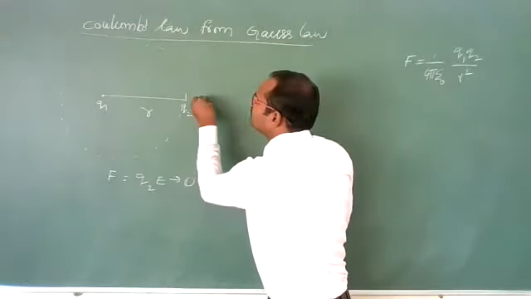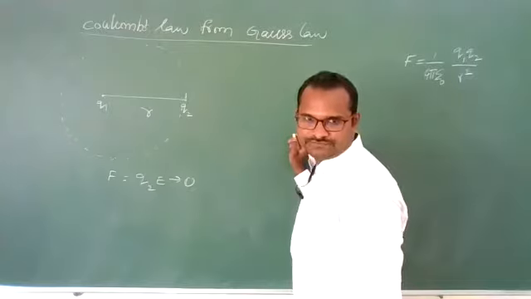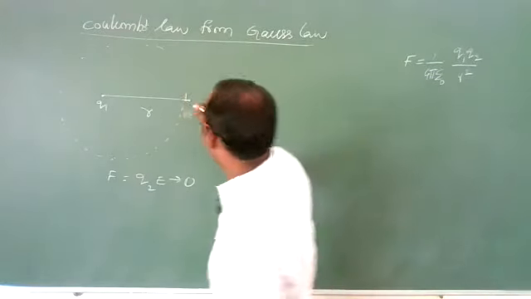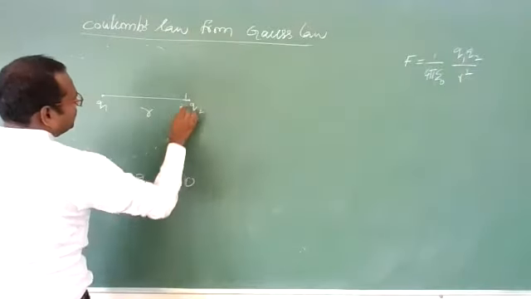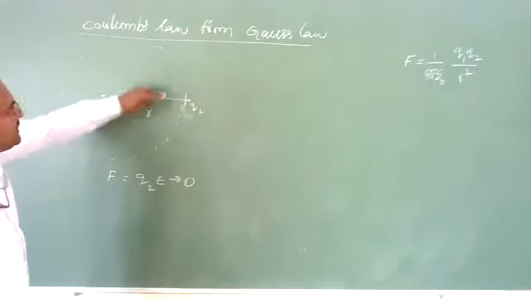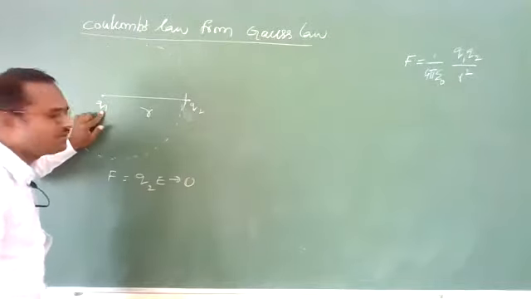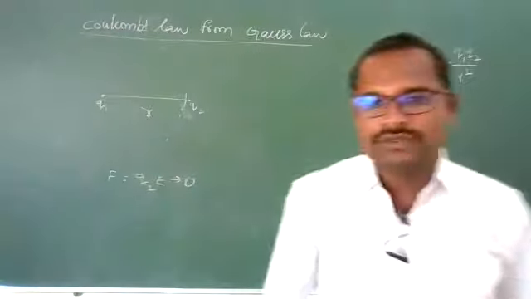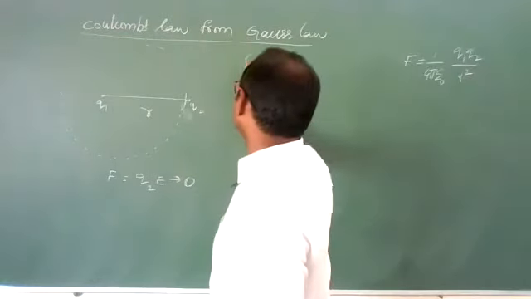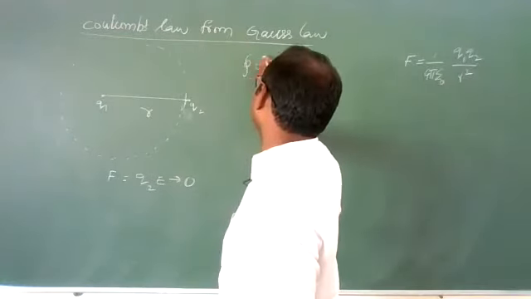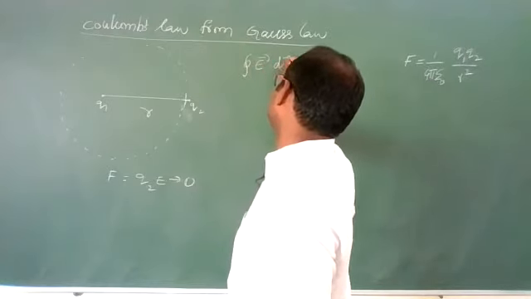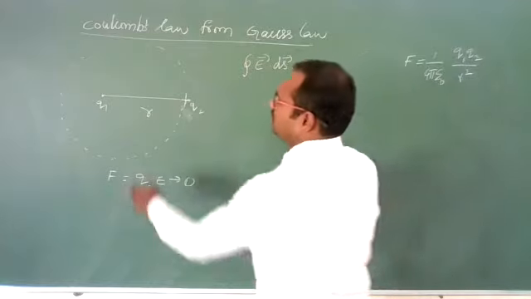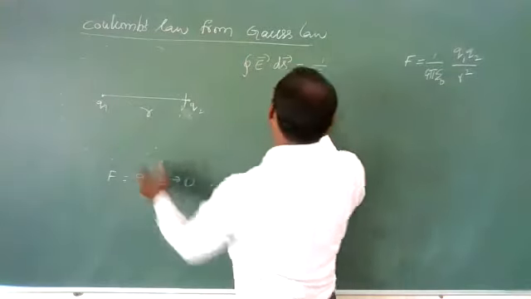Q2 is just outside this Gaussian surface, imagine here. Here is Q2. Clear? Now, according to Gauss law, the surface integral of electric field over a closed surface is equal to 1 by epsilon naught times the charge enclosed within the surface, that is Q1.